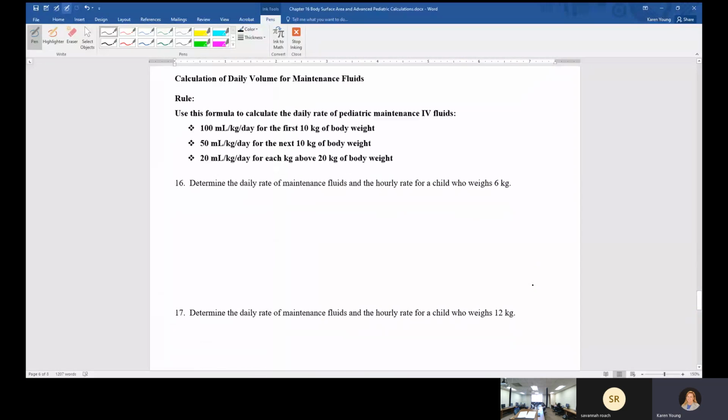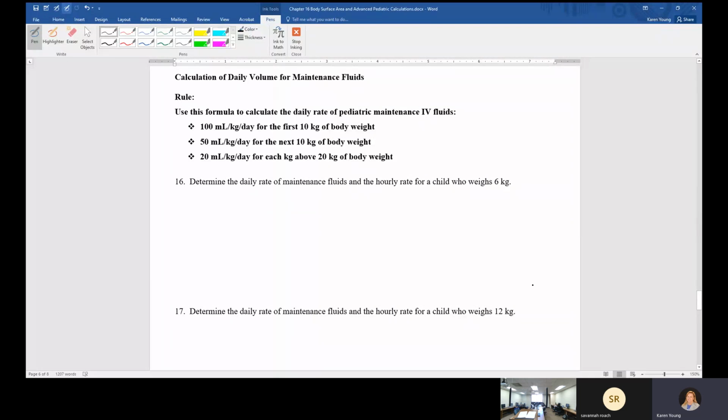All right, let's look at this next part because it's a little confusing, but it's very important because children, and even some adults, can only have a maximum amount of fluid for their intake. With an excessively high concentration of IV drugs or IV fluids, they can have fluid overload.